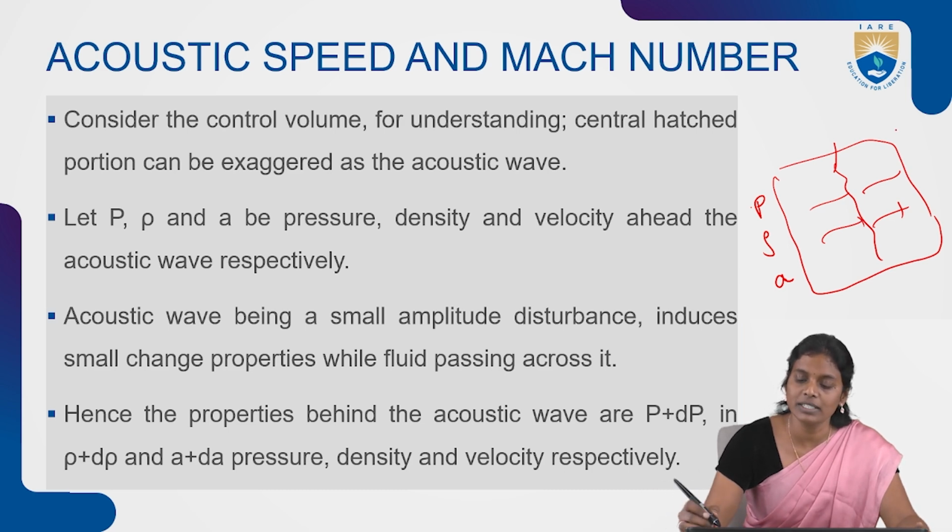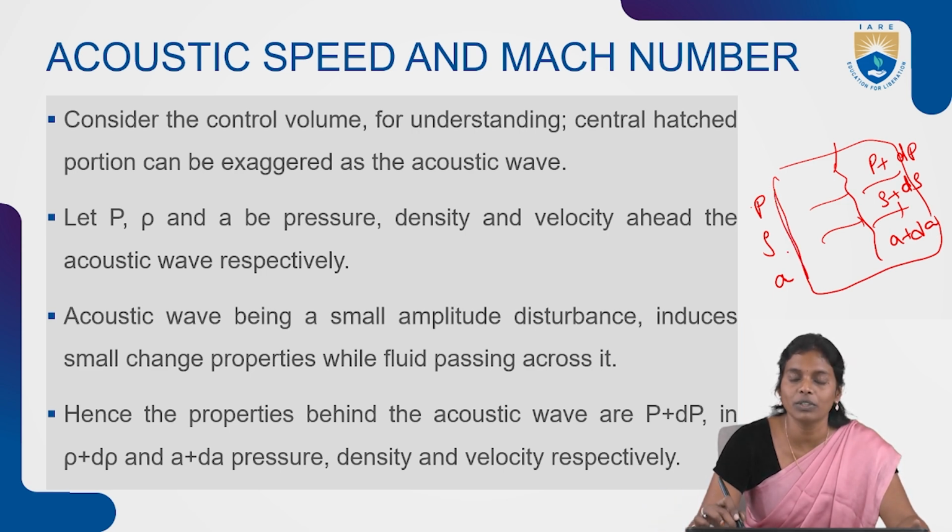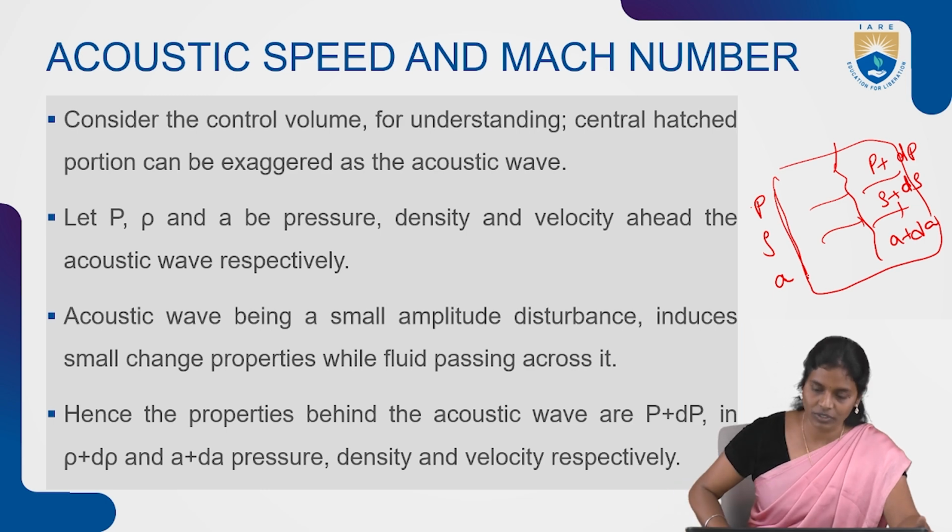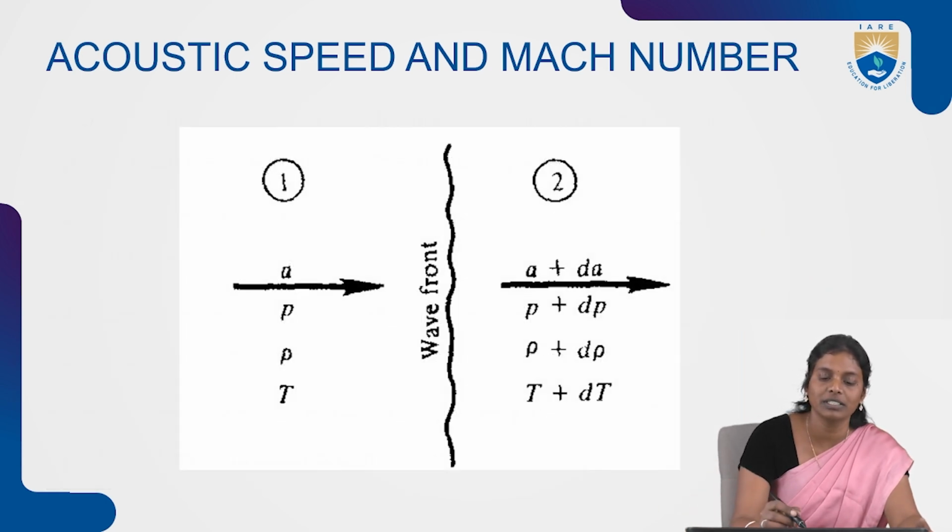Behind the wave, the properties become P plus dP, rho plus d rho and a plus dA. These three are the pressure, density and velocity changes behind the wave. Ahead of the wave we have P, rho and a, and behind it we have the changed values.